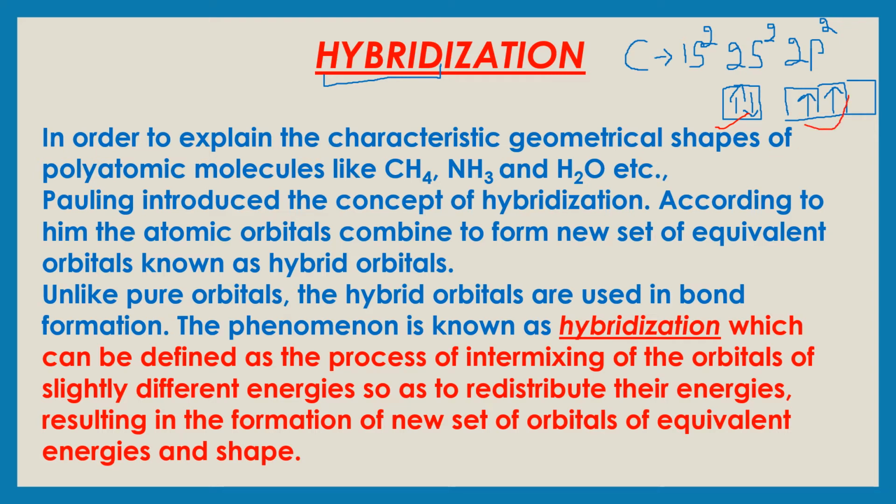These orbitals which have very little difference in their energies, they mix together, redistribution of energy takes place, and then this 2s and these three 2p are at the same energy level, and this electron can easily unpair and go here. So you get 4 unpaired electrons and it can make 4 bonds. This is the basic thing.